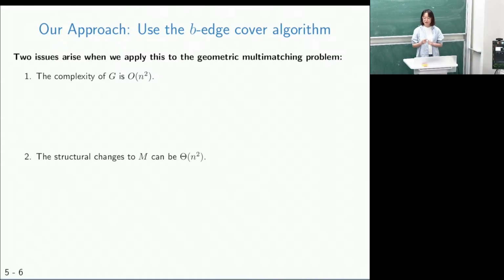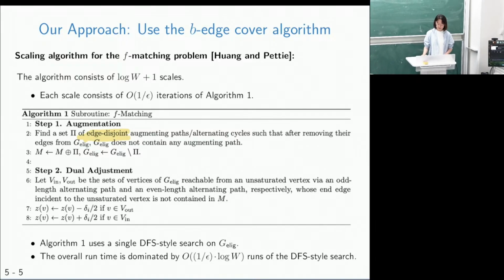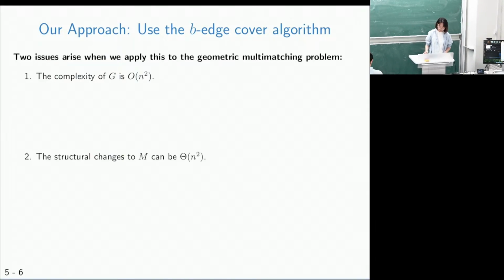But here we have two efficiency issues. As I mentioned earlier, the correctness immediately follows from the scaling algorithm, but the running time is quadratic, and we need a linear time approximation algorithm.